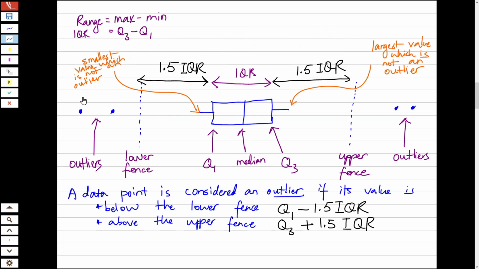Outliers are data points that we think are very different from the rest, so we're going to represent them individually like this. You might have 500 data points here, and then 2 out here. So rather than having the whole thing stretched out, we want to represent the fact that only a small number are out there.